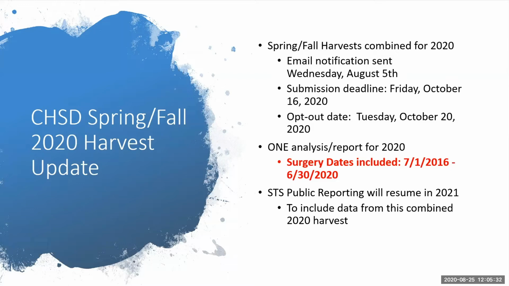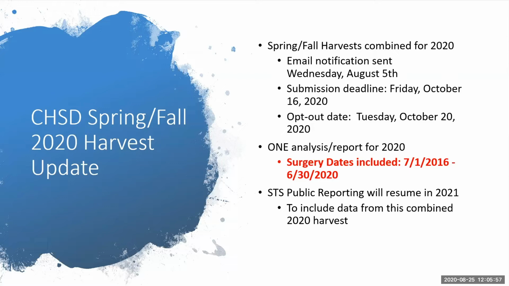Then you would only need to submit data for July 1, 2019 through 6/30/2020 for this current harvest. That previously submitted data is in the data warehouse. It was transferred over to IQVIA from BCRI, so there's no need to resubmit that data if no cleanup has occurred.